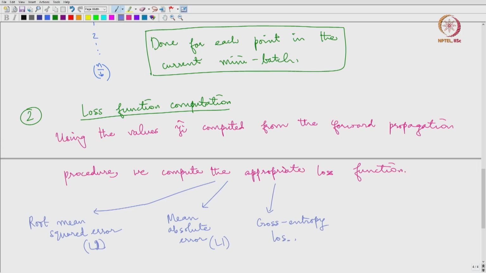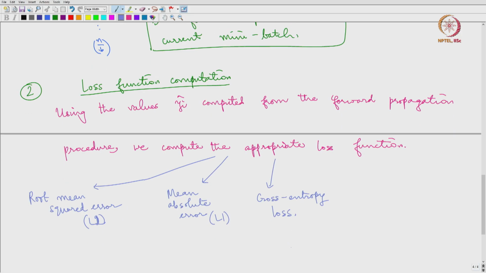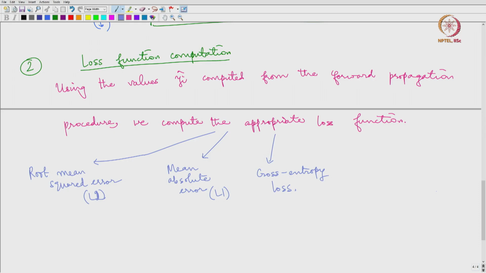That can be a binary cross entropy loss if you are working on a binary classification problem, or a multi-class cross entropy for a multi-class classification problem, and so on and so forth. There are so many other loss functions. We discussed the mean absolute percentage error, and so on. I hope you remember the expressions for all these loss functions. If you do not, it will be a good time to look those up again.